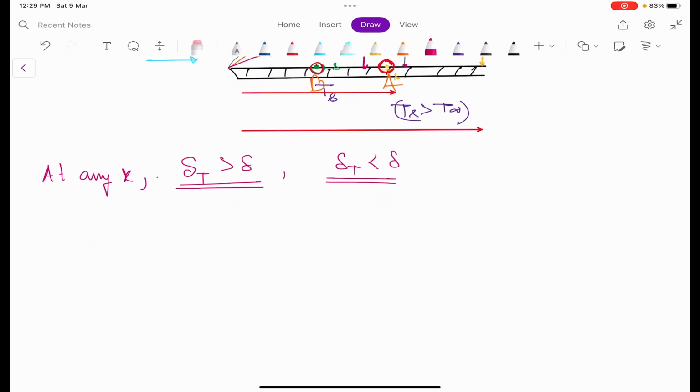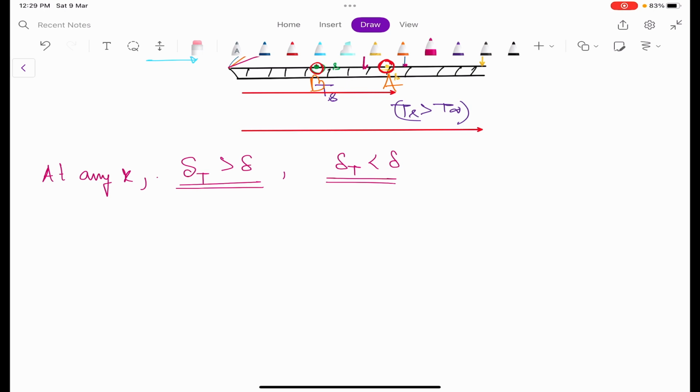Now just tell me, which fluid property will govern the delta and which fluid property will govern the delta T? So delta is what? Delta is the distance up to which viscous effects are important, right? And viscous effects are propagated by mu.